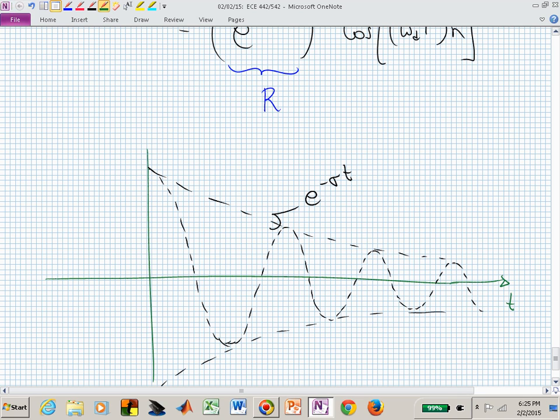And now in discrete time, we are actually just sampling that at particular instances, depending on what our sample period ends up being.